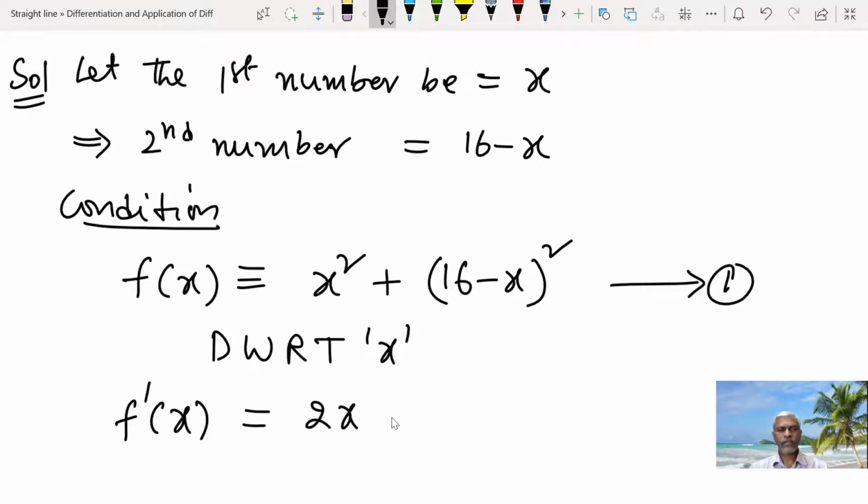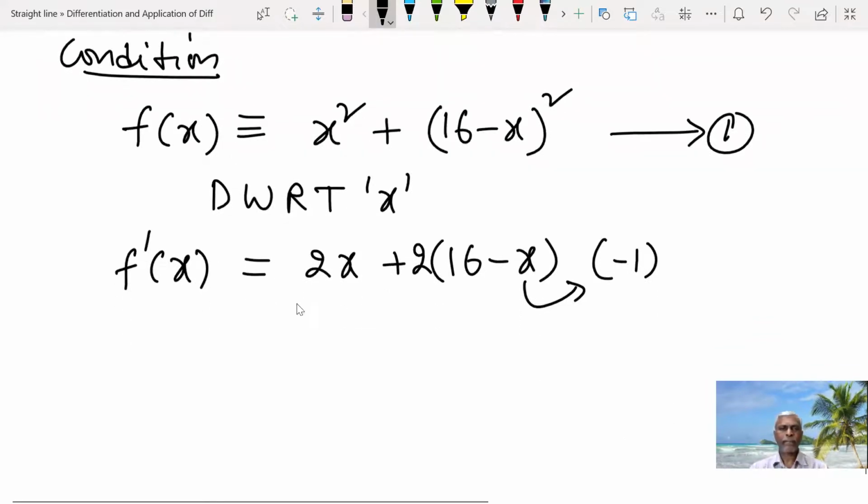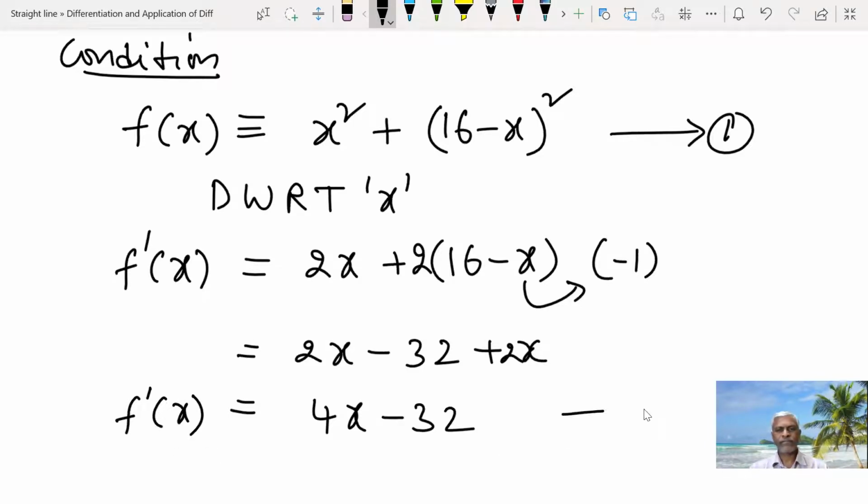x square differentiation is 2x. So this is 2 into (16 minus x), and x differentiation is 1, minus x differentiation is minus 1. 2x, 2 into minus 1, minus 2 into 16 is minus 32, plus 2x. 2x, 2x, 4x minus 32 is the first derivative.